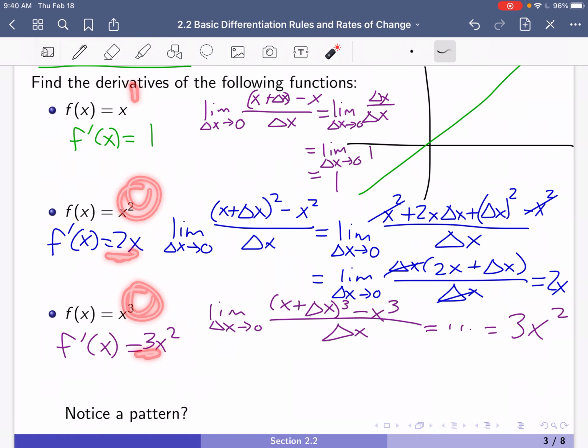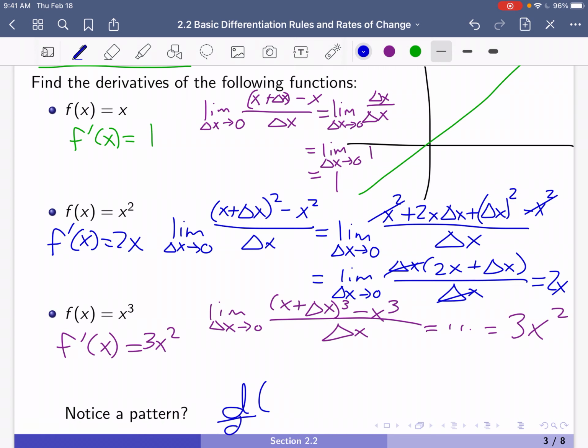Right, this would be a power of 1, which shows up here. All right, so that power appears to be showing up. And so it does look like maybe the derivative with respect to x of x to, let's say, the n power. So that value of n, that power is coming down.